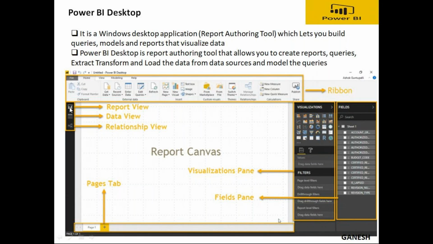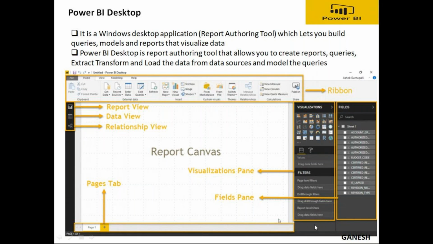The first is called report view, the second is called data view, and the third is called relationship view. The dotted area over here is called the report canvas. In this report canvas, you can build the dashboard and the reports, and then turn them into visualizations.